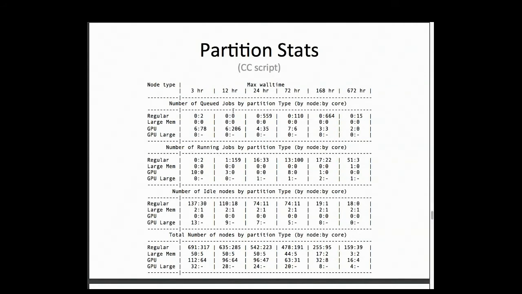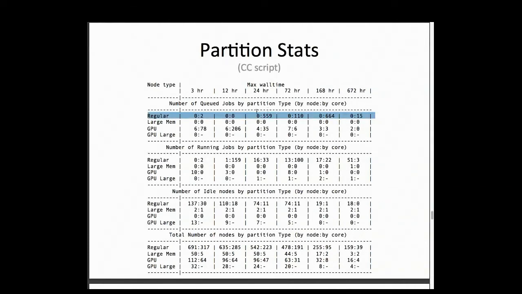And we have by node and by core. So here we see that there are no queued jobs in a 3-hour queue that require a whole node, but there are 2 of them that are by core. So they request the resources in terms of cores, they're less than 3 hours long, and they're asking for regular jobs.